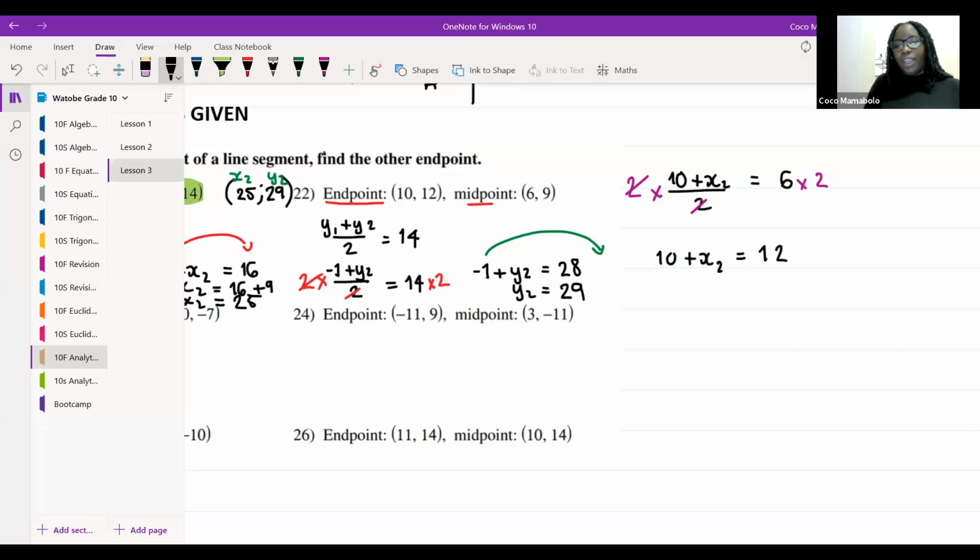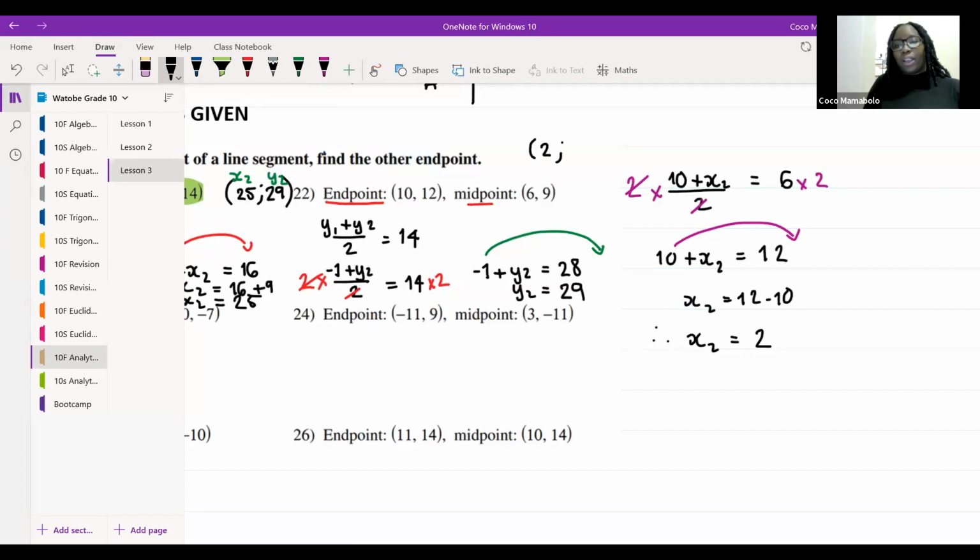Beautiful. Next step. X2 is equal to 12 minus 10. That's it. Therefore, X2 is equal to 2. Good. You've given us the X coordinate of our endpoint.